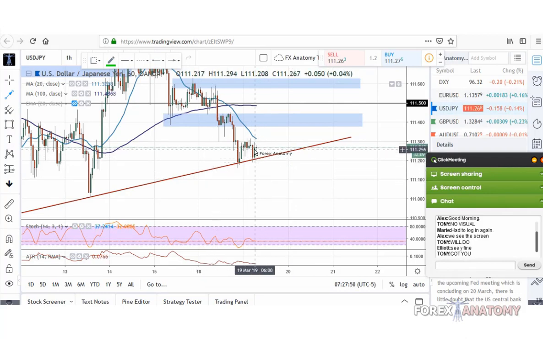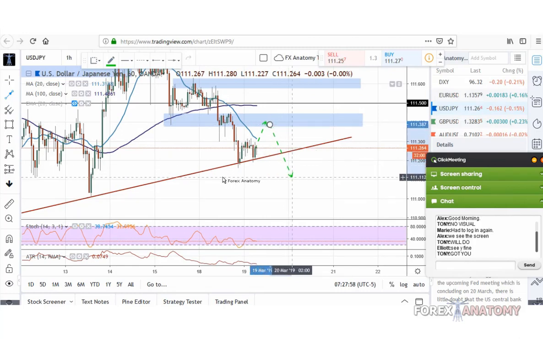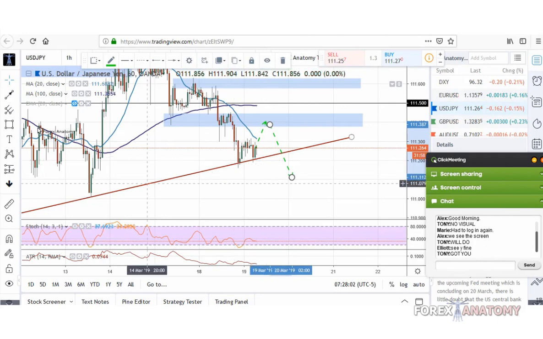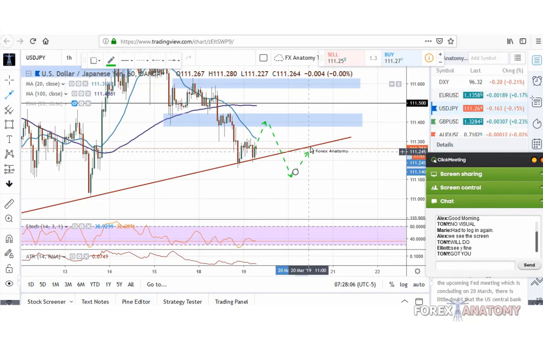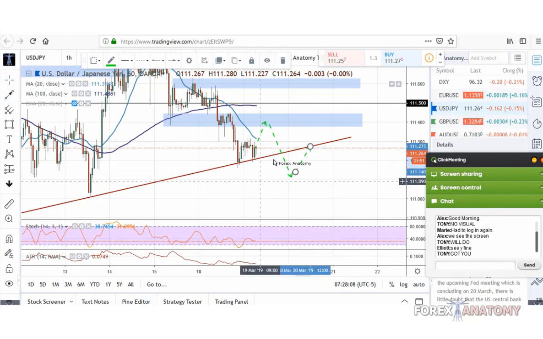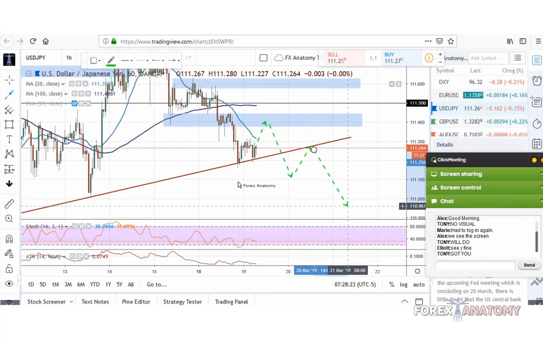We may get something like this where we see price push up into this zone, then fall lower and break this ascending trend line support, and then I will look for an opportunity to sell on a correction in price. So then I wait for price to retrace and test this ascending trend line support, because what was once support will now function as resistance if this does happen, and then I will look to sell upon bearish confirmation. That's what I would do.